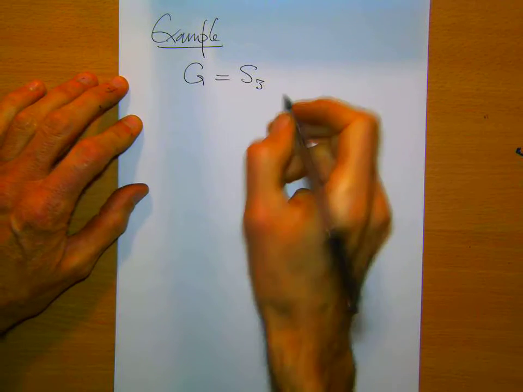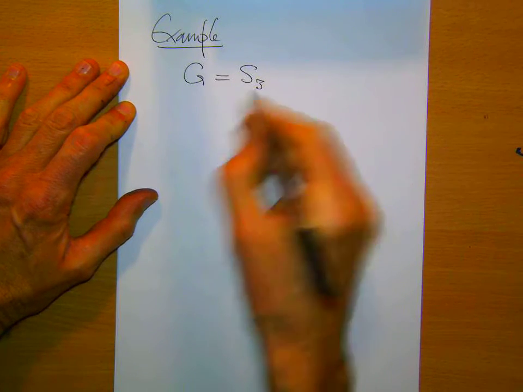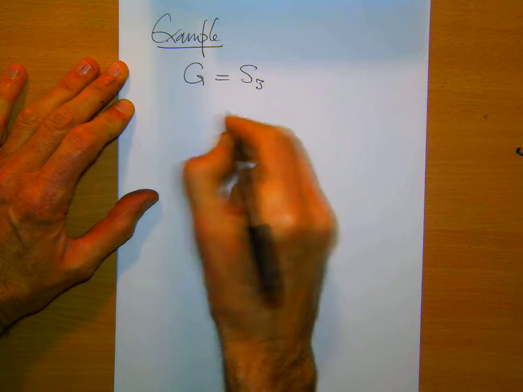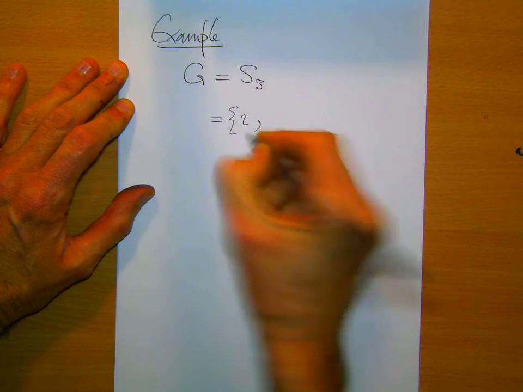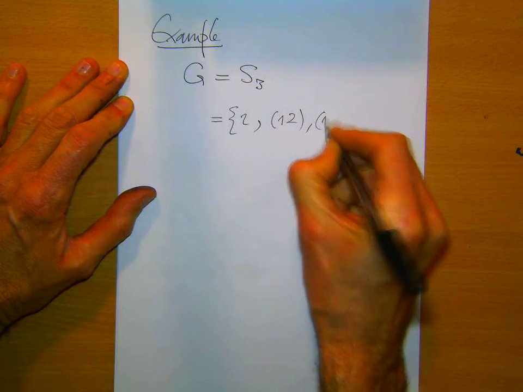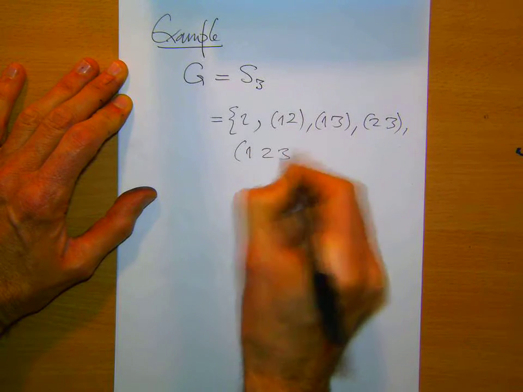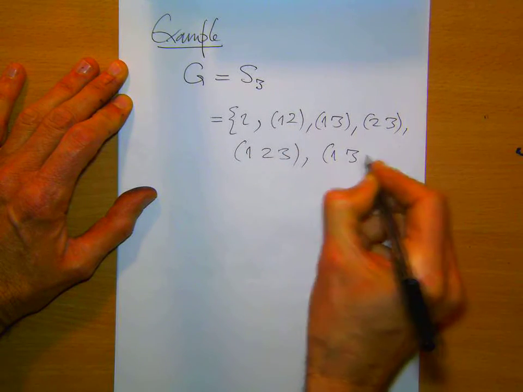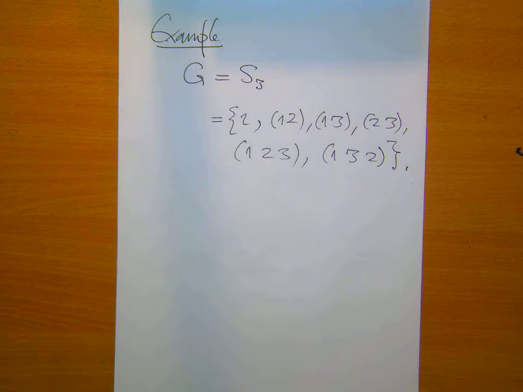I'll look at it here using cycle notation, so I'm thinking of this as a symmetric group on three objects. So it's got 3 factorial equals 6 elements, and we've written down these several times using cycle notation. So those are the 6 elements.